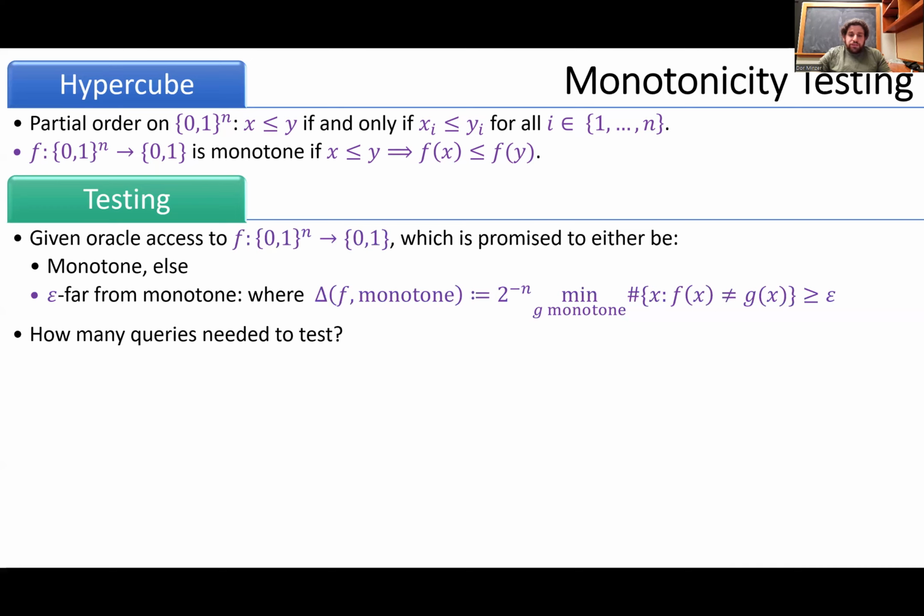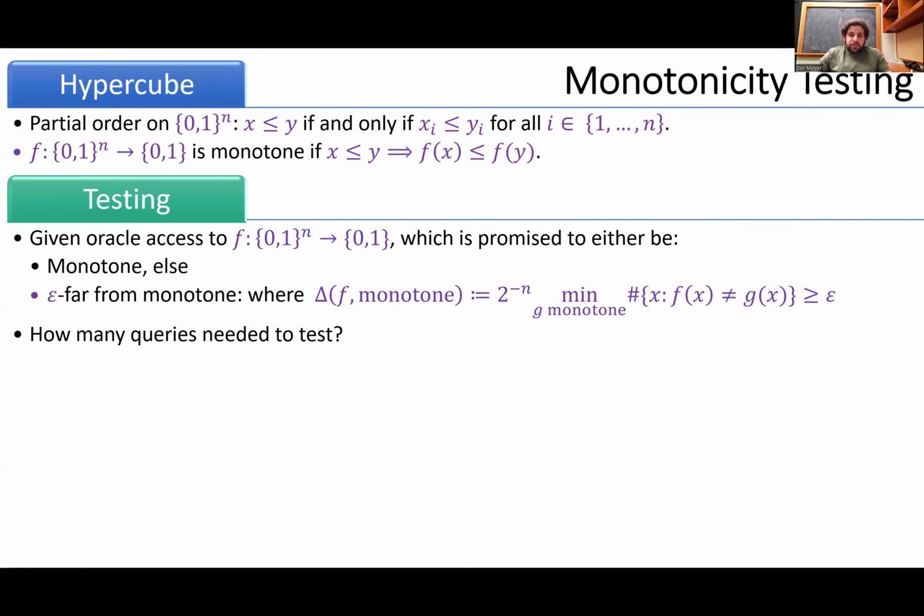The measure of distance here is the normalized Hamming distance, meaning the distance between f and monotone is, you take the minimum over all functions g which are monotone, you count the number of inputs x on which f and g differ, and you divide it by the total number of points on the hypercube, which is 2^n.